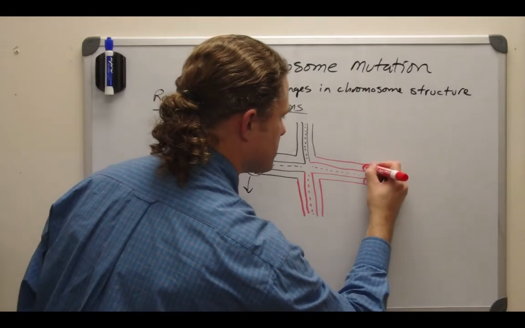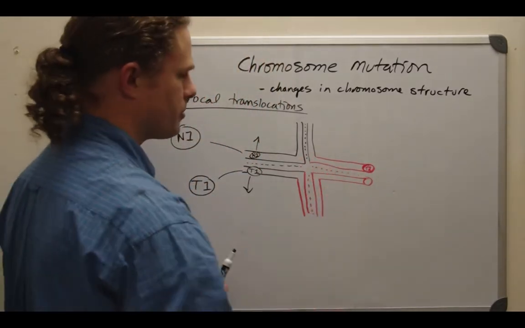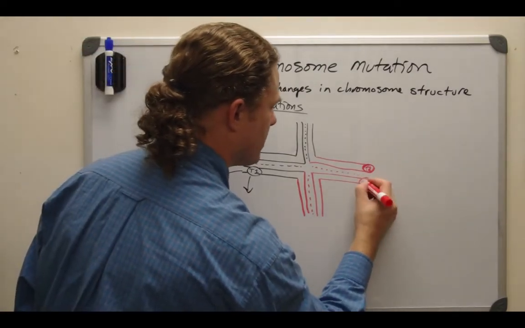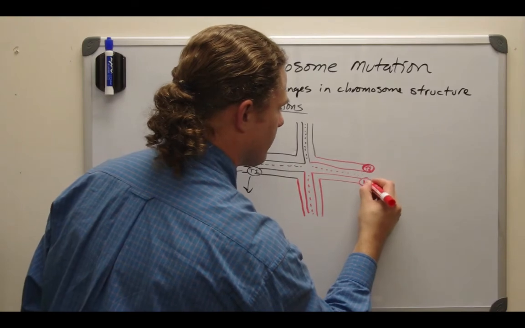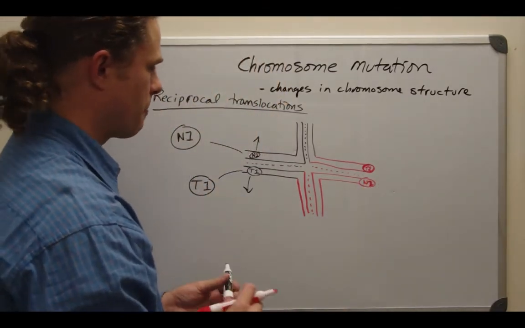That would make this T2, the translocated version of chromosome 2, if we're going to call the red chromosome chromosome 2. And then we'll have a normal 2, or N2, on this side of the equation as well.